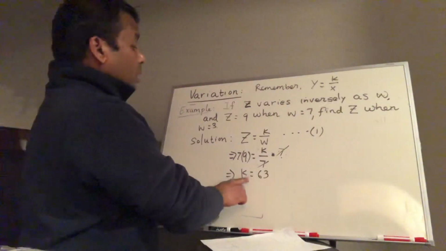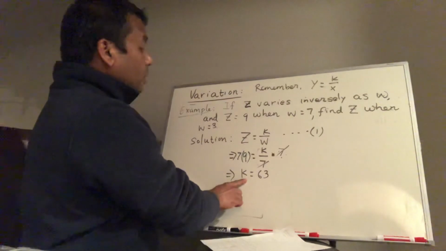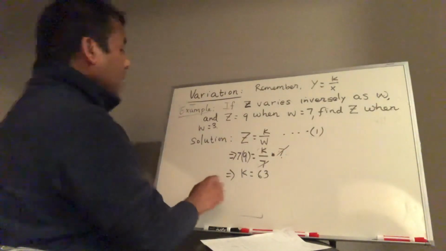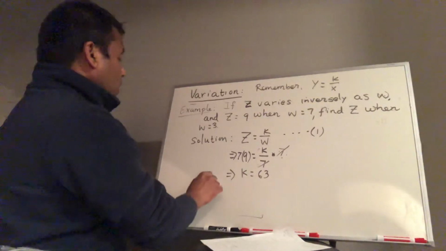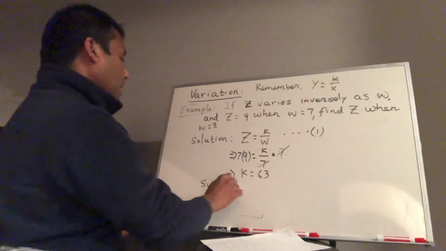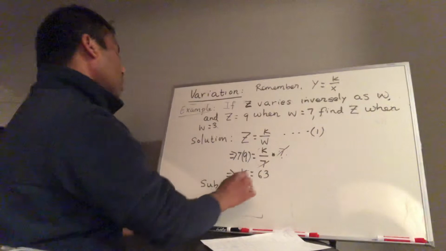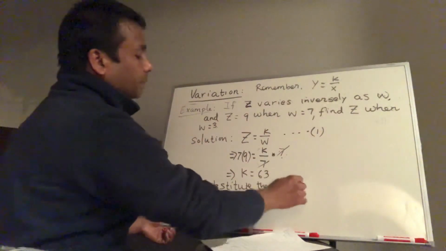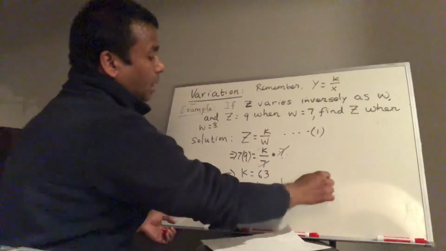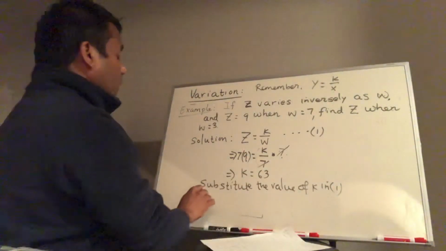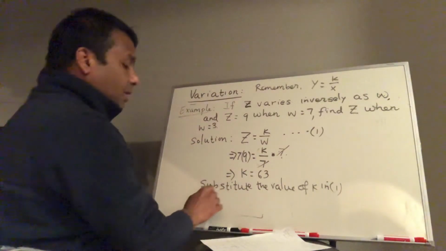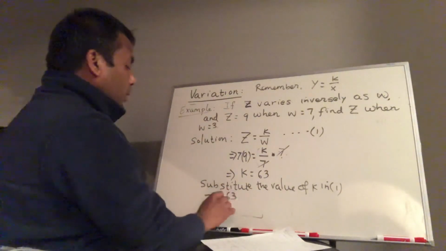So you substitute the value of k back in equation 1, then we will get Z equals 63 over W.